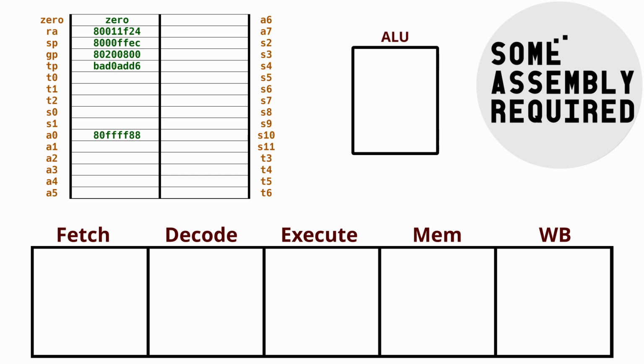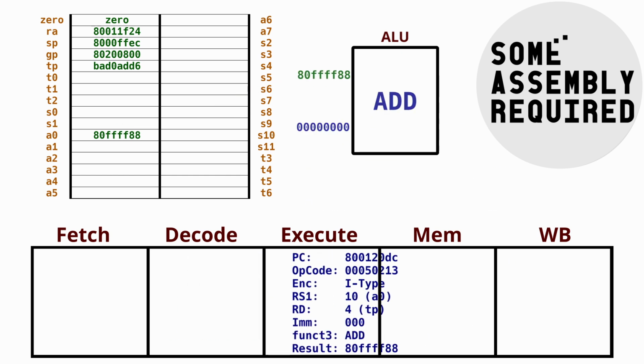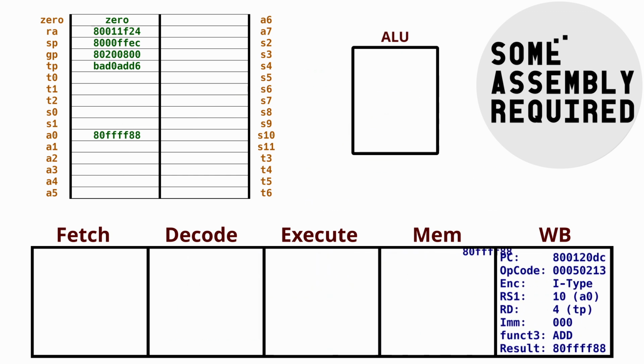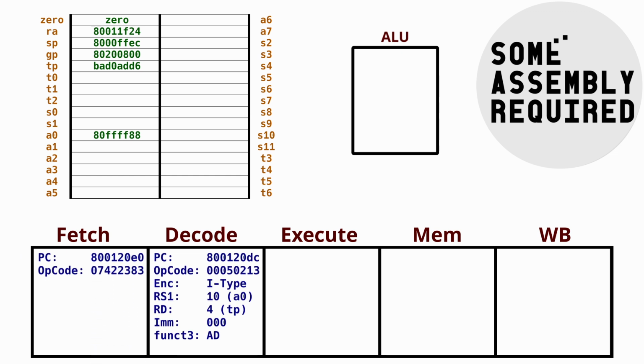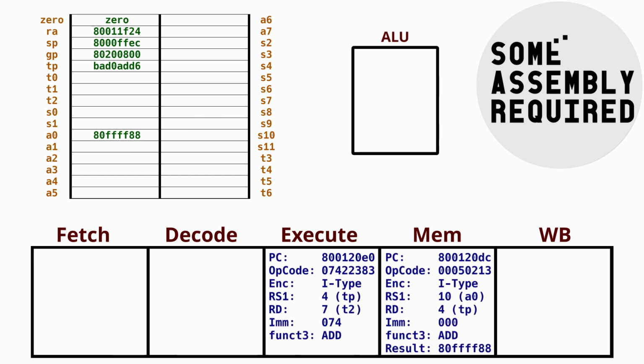Our move instruction that copies A0 to TP begins executing. It will take several cycles to completely execute, with the value actually written to register TP at the end of cycle 5, called writeback. A naive implementation, however, would mean that the following instruction, the load of T2, would require this value at the beginning of its cycle 3, ALU.